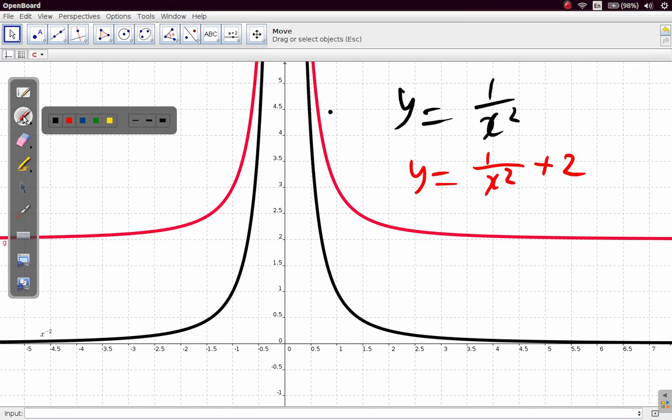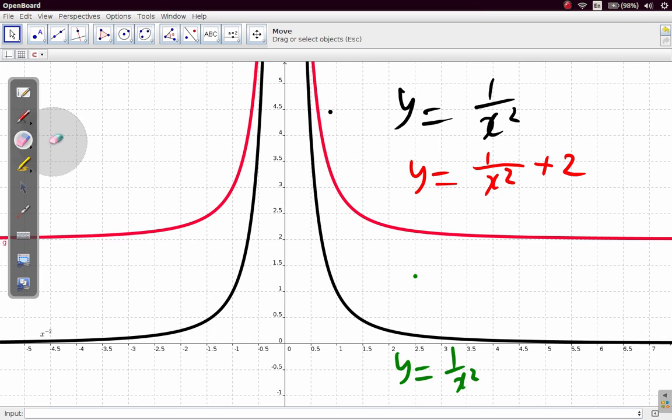Means you shift each point 2 units up. Suppose you have another case. You have y equals 1 over x minus 3 squared.